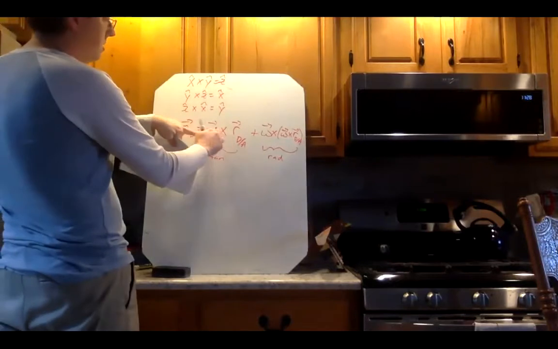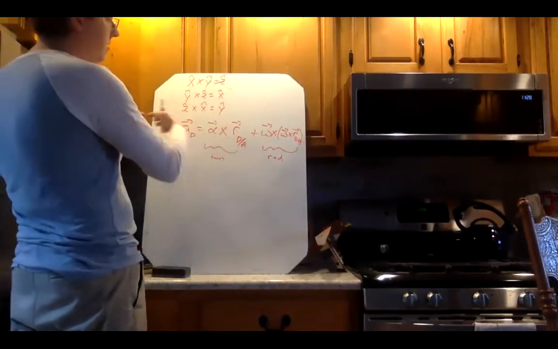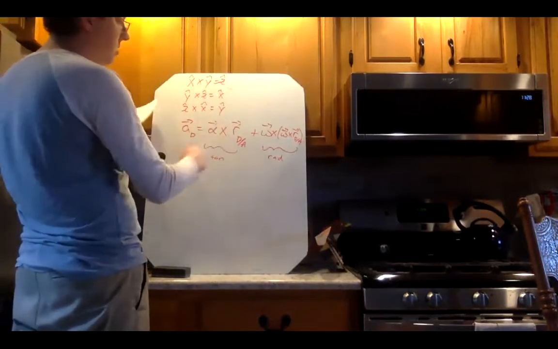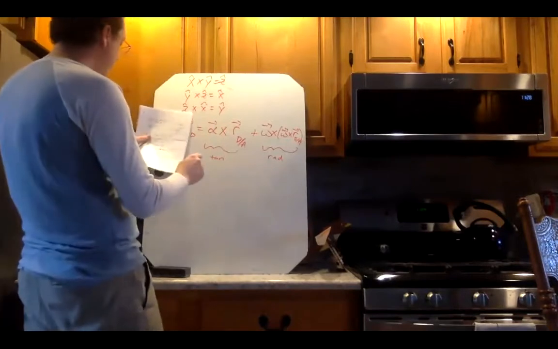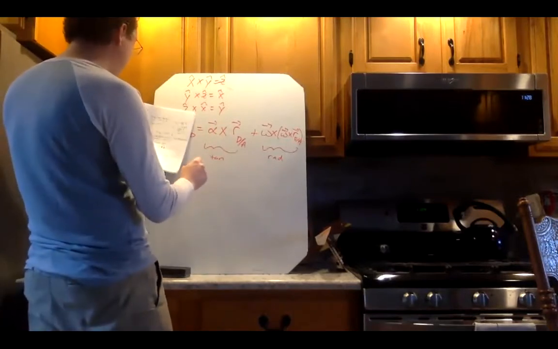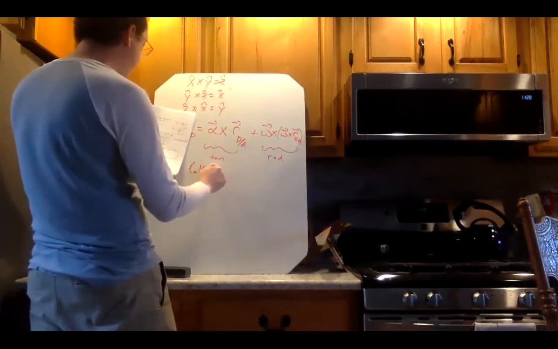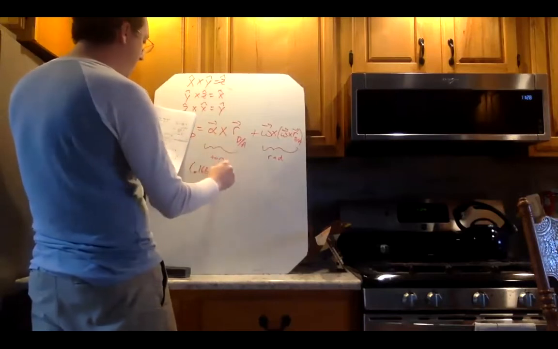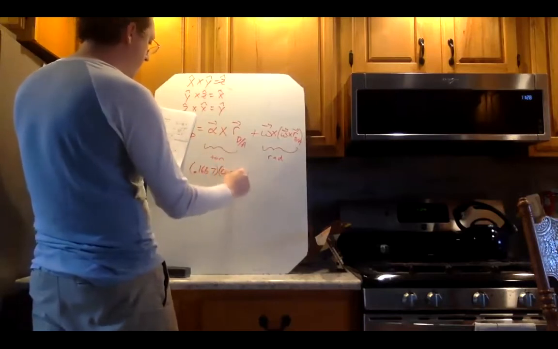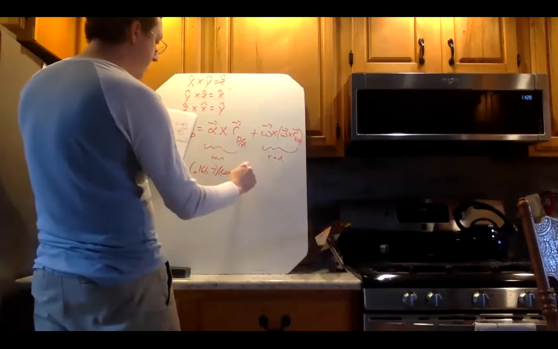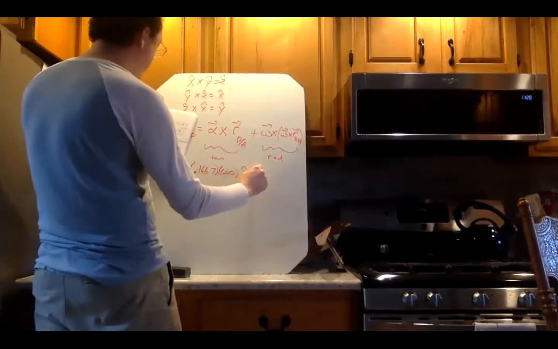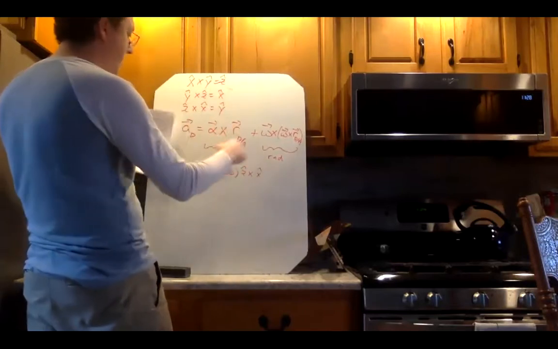So when you have a vector, you can pull the scalar, the size of it, out and just cross the unit vectors. So this equals, from alpha, I get 0.1667. From R, I get 600. And then I have z hat cross x hat. That's for the tangent part.